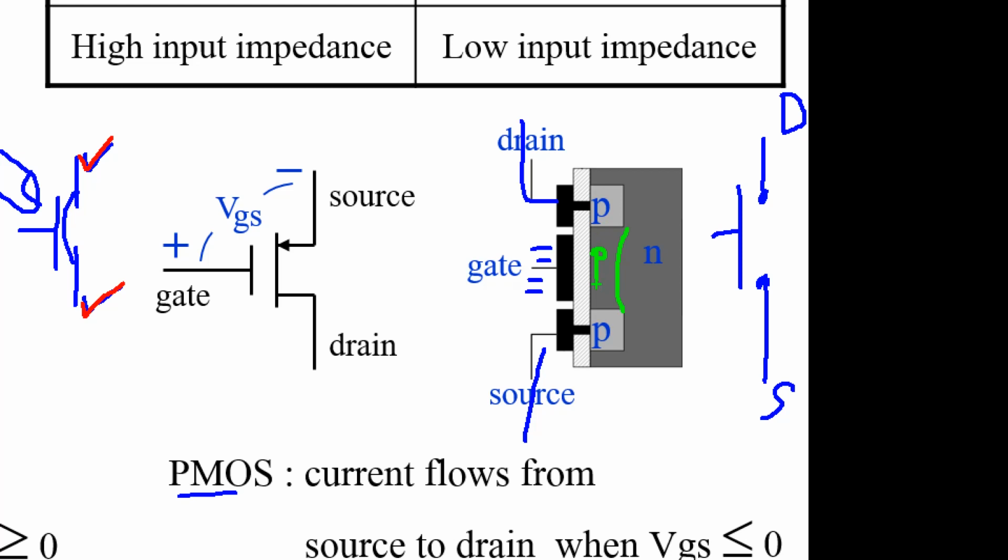So now it's like you press this switch to make contact between the drain and the source. So the voltage at this point and this point become the same, because they are shorted together.